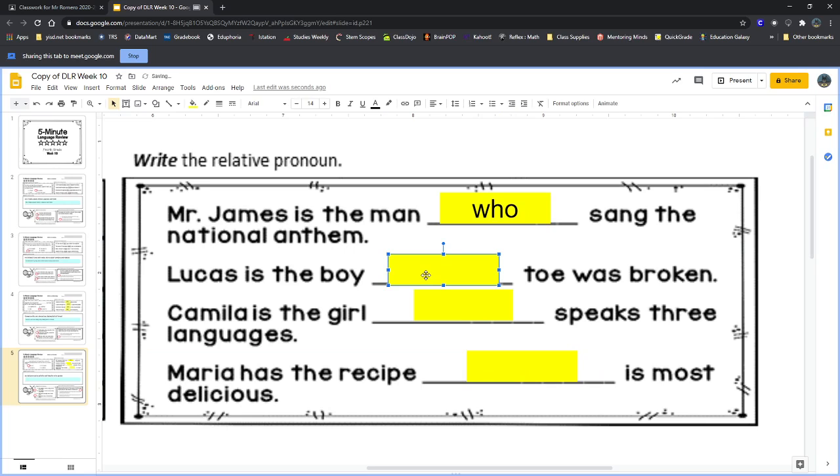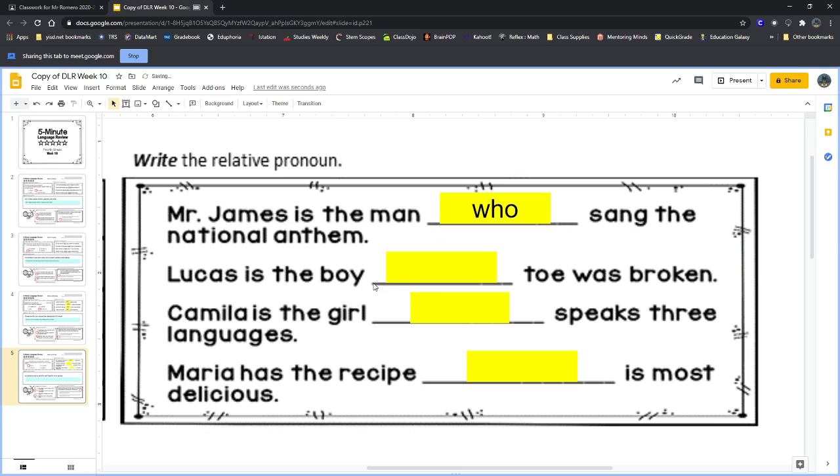What about the next one? Lucas is the boy blank toe was broken. Who can tell me what word belongs in that blank space? Lucas is the boy blank toe was broken.